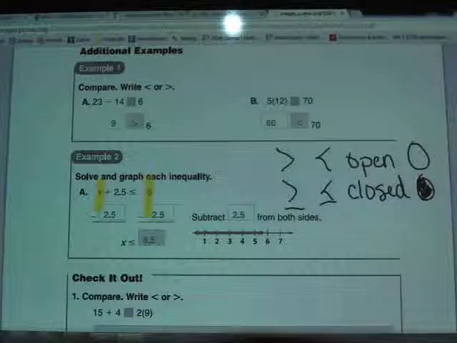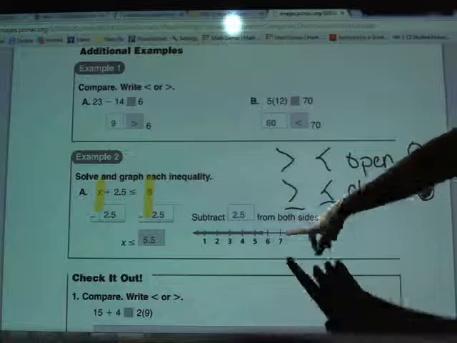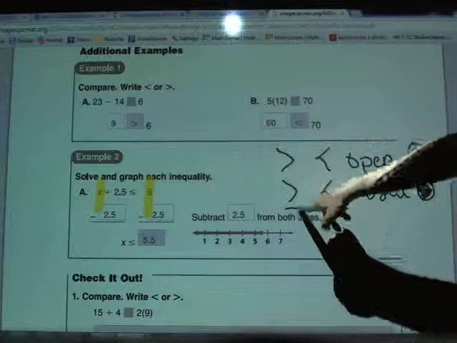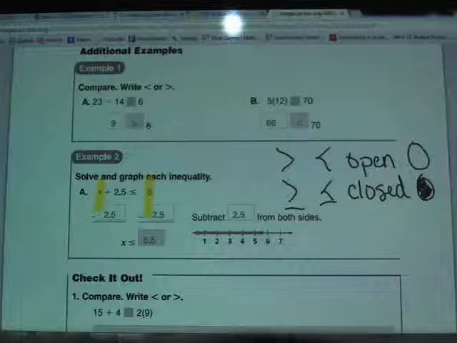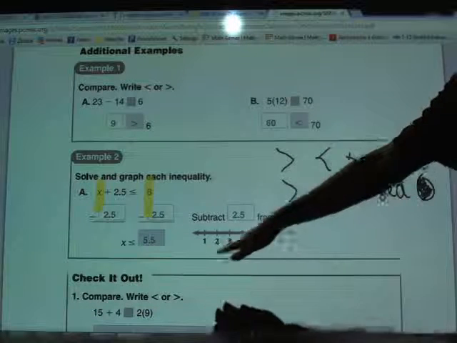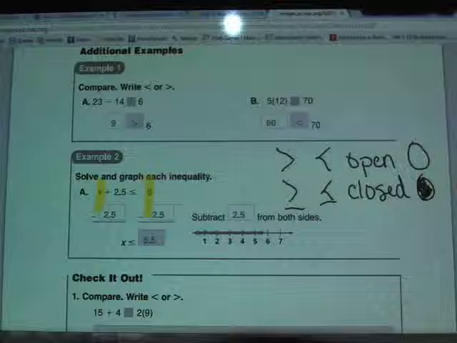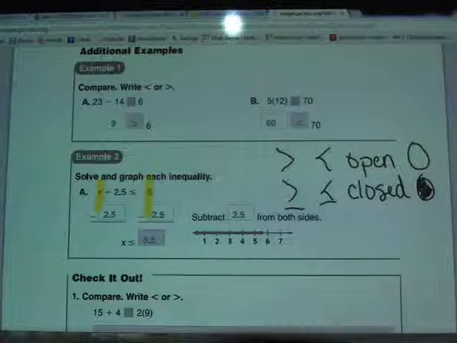And with the less than or equal to, the less than part would still make me shade off to the left. So without that dot, we don't know which one of these symbols it is. The closed dot helps me realize what this is. Again, these numbers are part of what we defined as the solution set. Those are all the numbers that fill in the inequality and make it true.